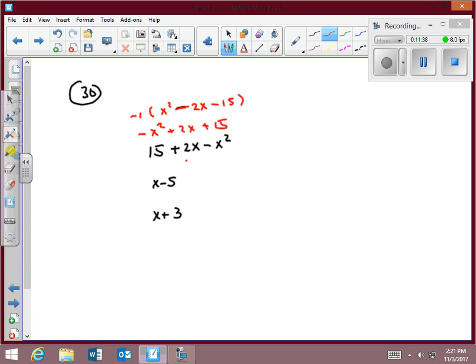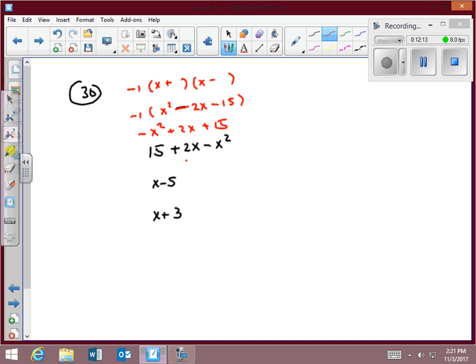So what I have to do, if it factors, it's going to factor into a pair of binomials with x and x, and the sign is going to be what? Plus and minus? Now the question is, what two numbers multiplied together give me 15 who, when I take their difference, give me 2? 5 and 3, right?